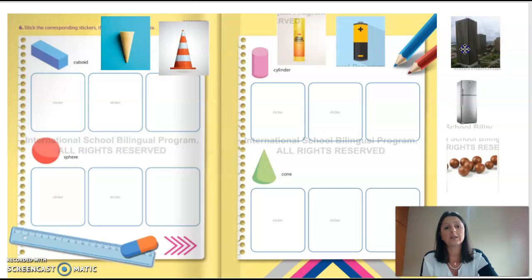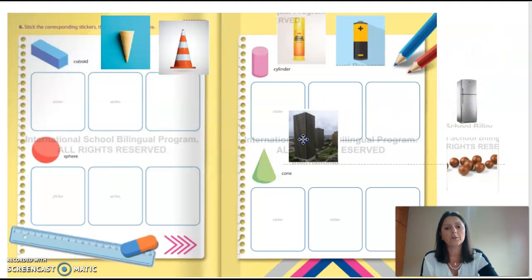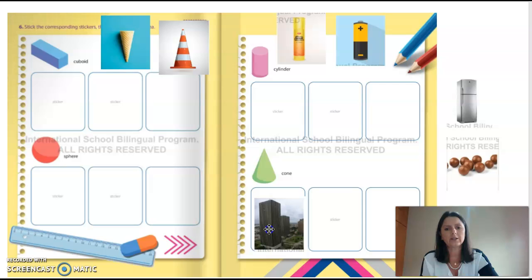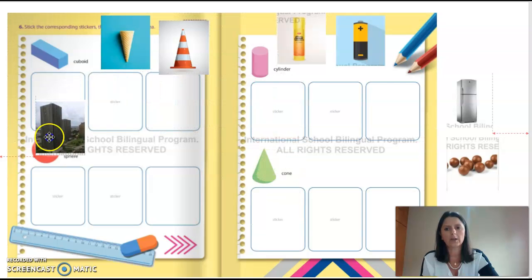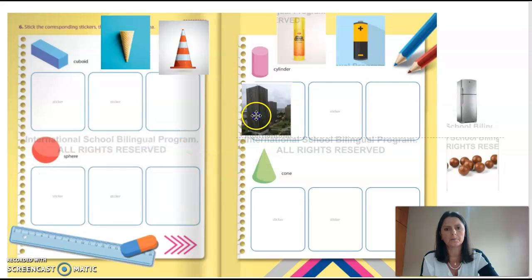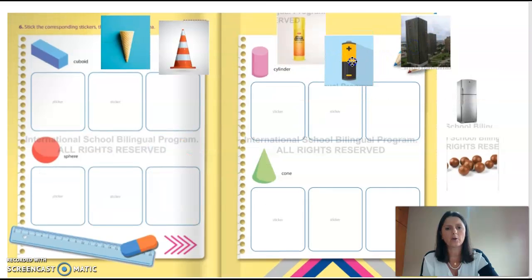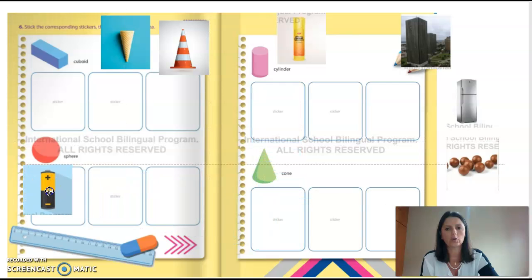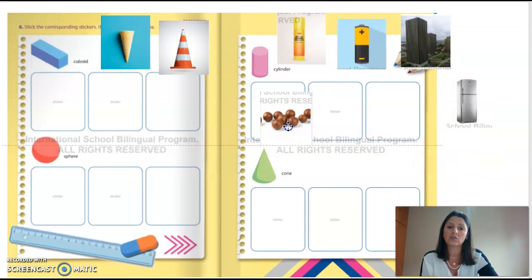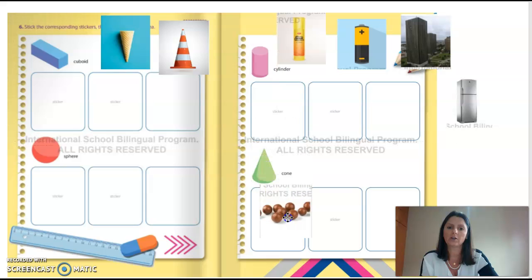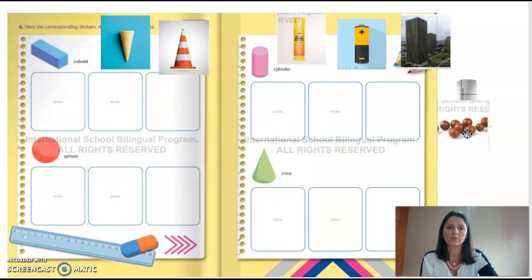Another example is the building, the apartment building. Is it a cone, cylinder, cuboid, or sphere? The battery. Is it a cylinder, cone, sphere, or cuboid? We have chocolate, cylinder, cone, sphere, or cuboid.